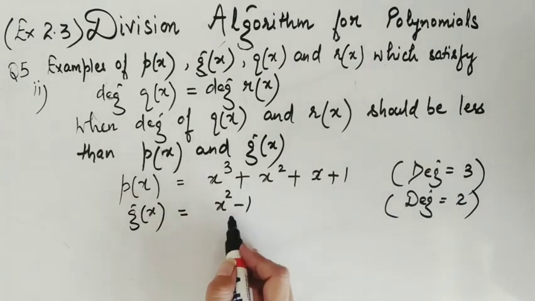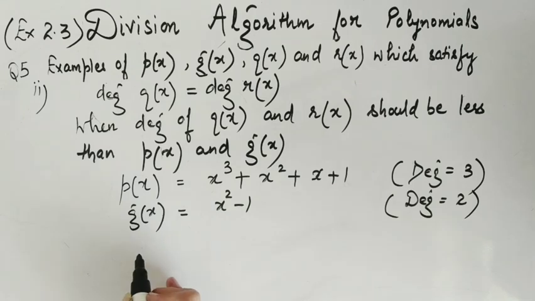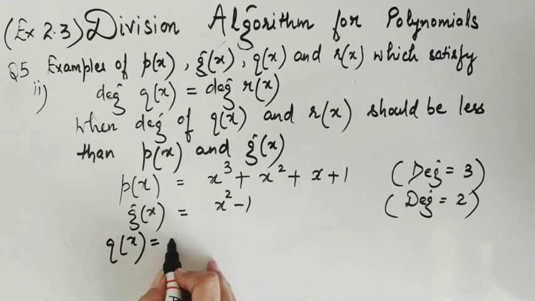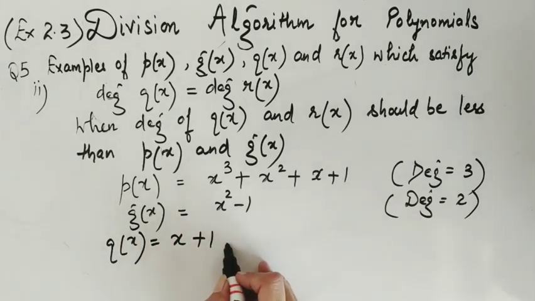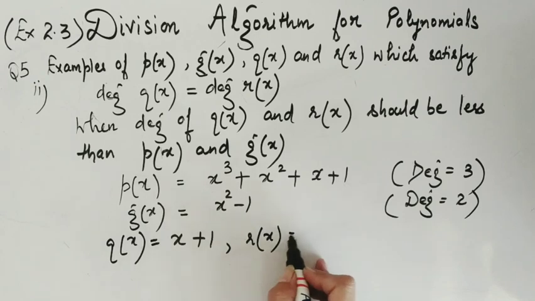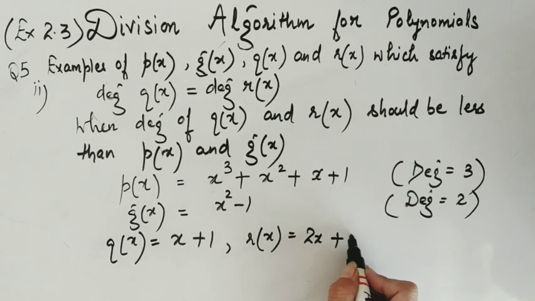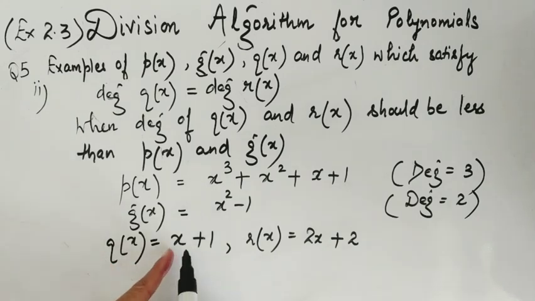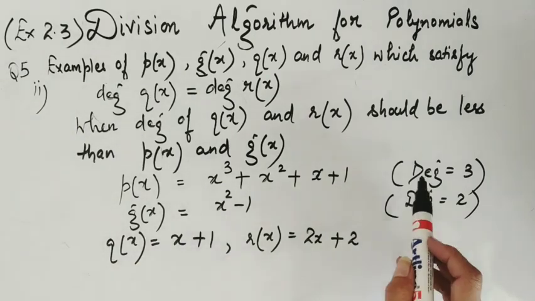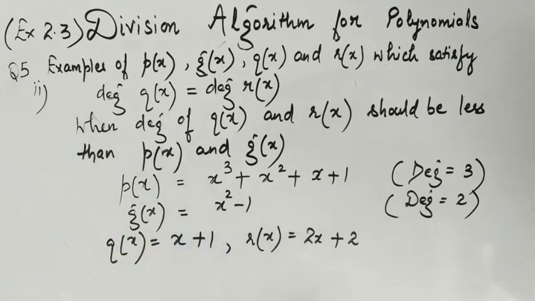When you divide these two, you have to actually divide and see. Qx would be x plus 1, okay, and rx would be 2x plus 2. So look at this. Now degree of qx, what is it? 1. Degree of rx is also 1, and their degree is less than px as well as gx. I am sure you would be able to divide and check this yourself.